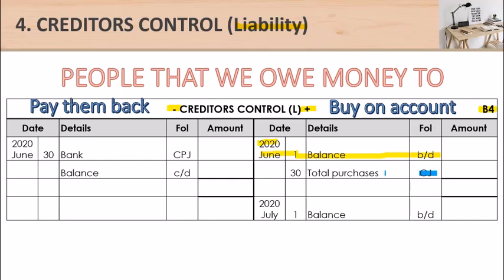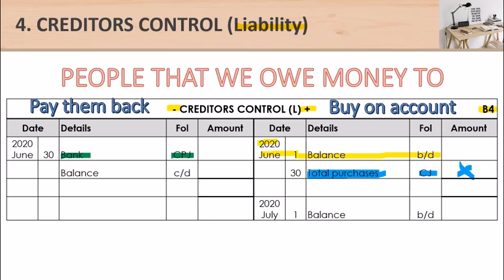We take that creditors control column in the CJ, that value, we write it here, but we say total purchases in the details column. Then we can pay the people back. We have to pay our suppliers back eventually. And if we pay them back, we will do that in the cash payments journal using money that we got from our bank.